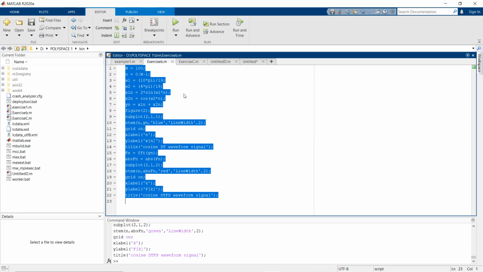So x1n is 2 sine W1n, and S2n is cos W2 times n. For yn, same thing, it is the combination of S1n and S2n. It will also have two figures: the first is the cosine DT waveform, and the second is the DTFS waveform.